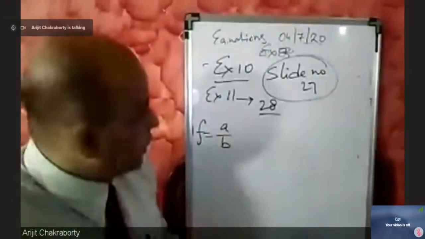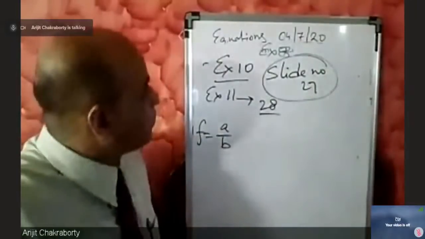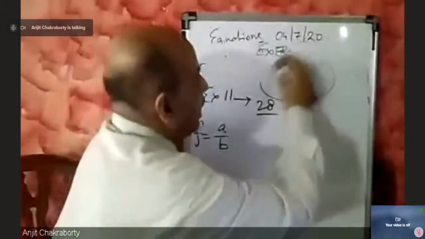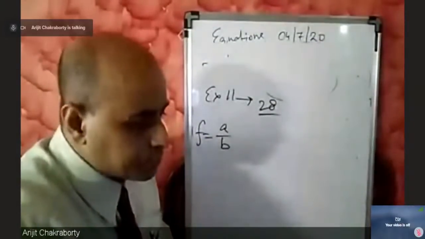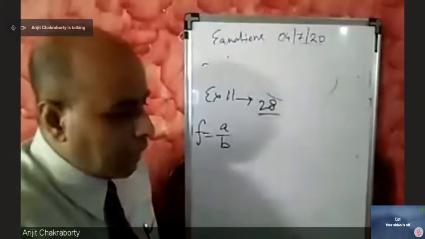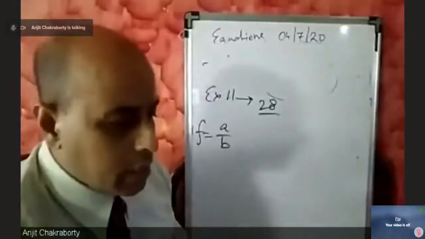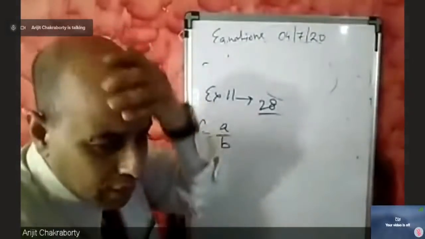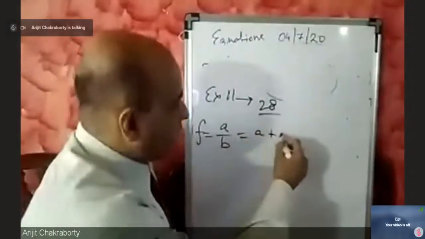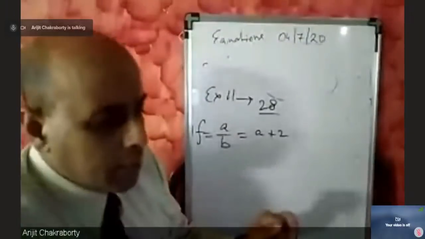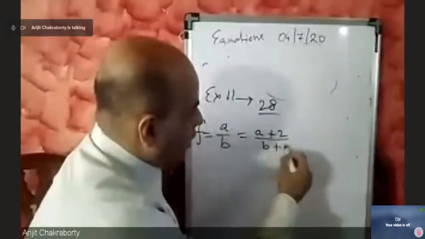Now two conditions are given. This is example number 11, and the slide number is 28. So we have the fraction a by b, and if the numerator is increased by 2, the numerator will become a plus 2, and the denominator is increased by 1, so b plus 1.